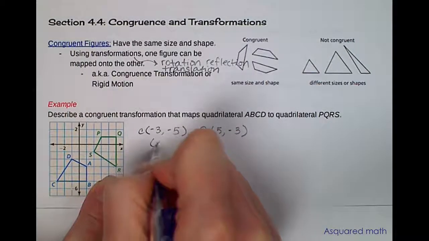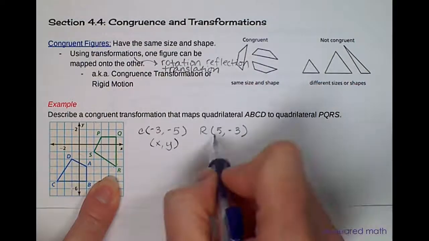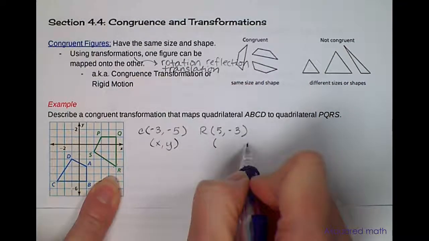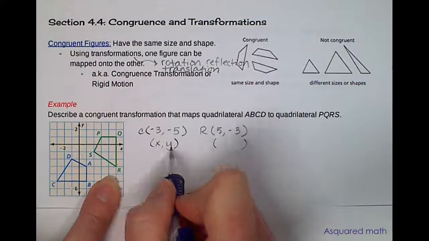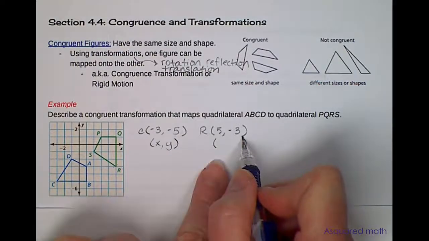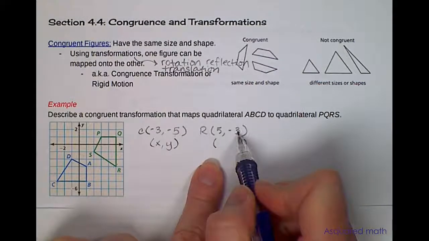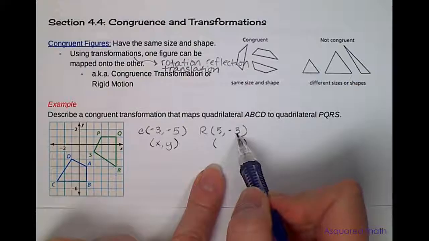If we consider this to be our original x, y coordinate, and then look at what happens in our new coordinate, our prime essentially, our -3 has been moved over to the y position. So it's gone from the x position over to the y position.